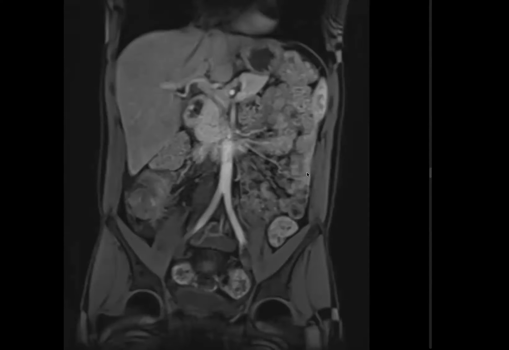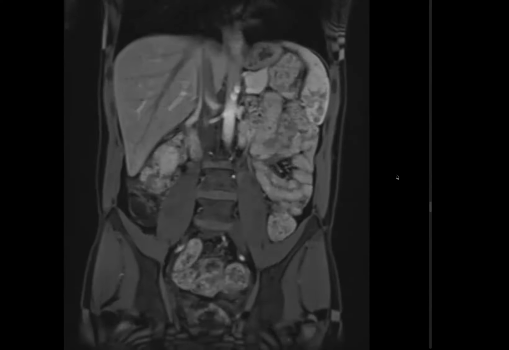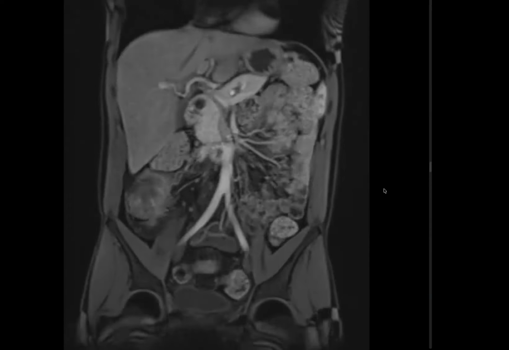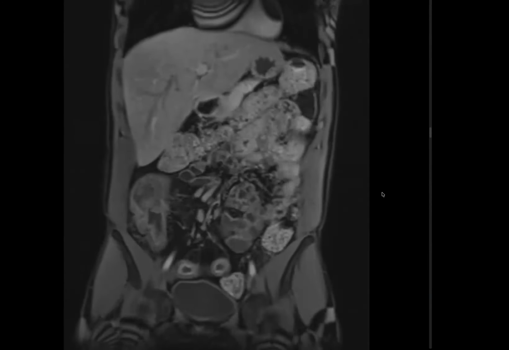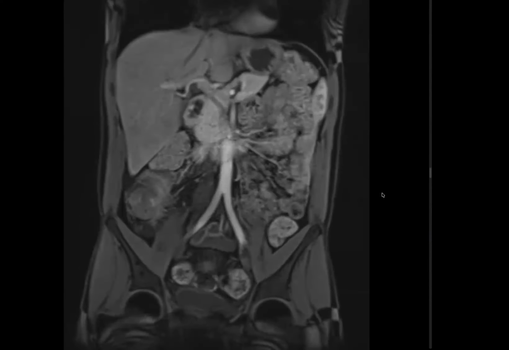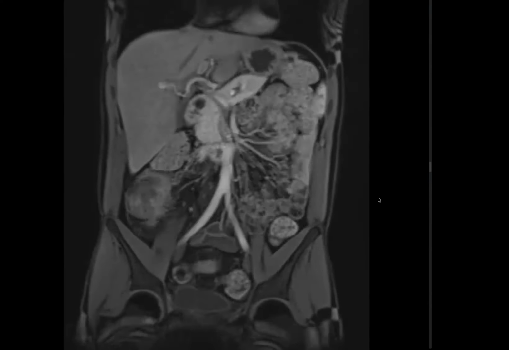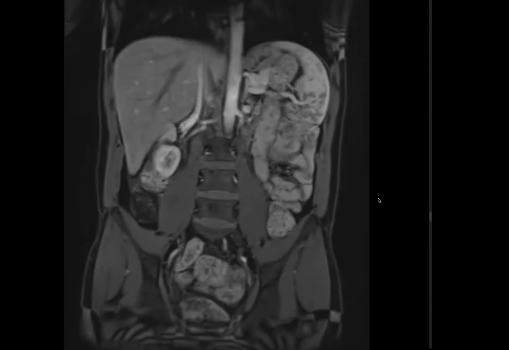So these are the post-contrast T1 weighted fat-set images of the same patient. Here I can see enhancing mural thickening involving the same regions with long segment involvement.